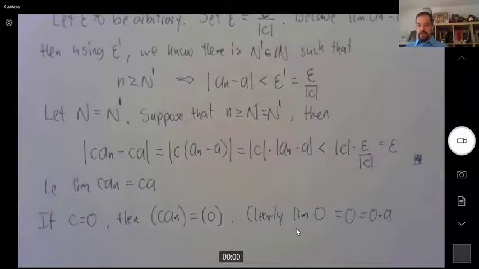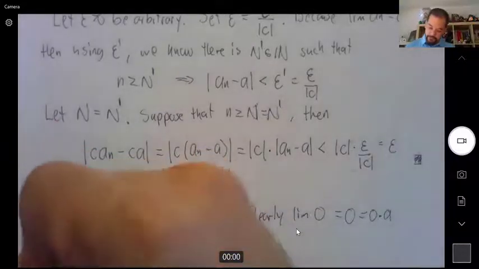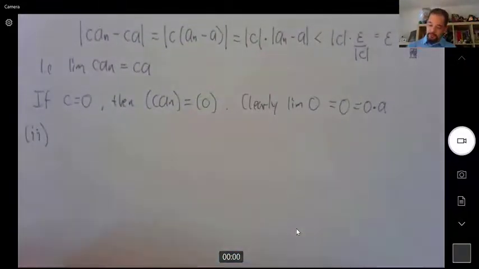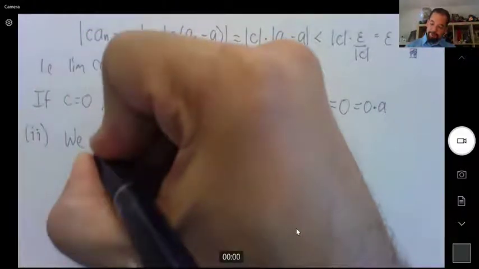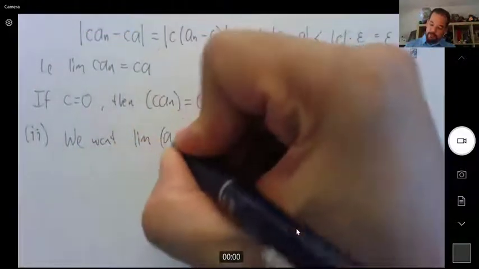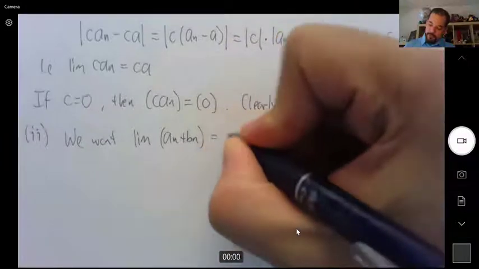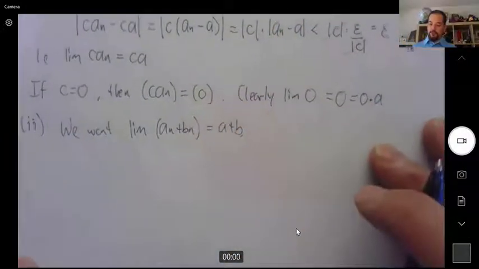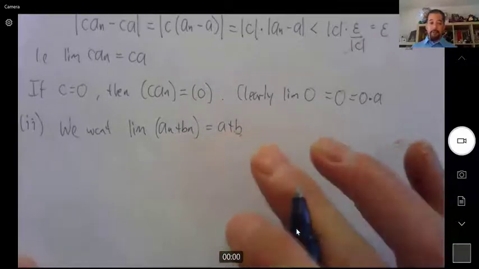So let's get to the second part. The second part is now about the sum. Item 2. This time we want to show that the limit of a_n plus b_n is A plus B. So again, the discovery part would be to start from the last part.